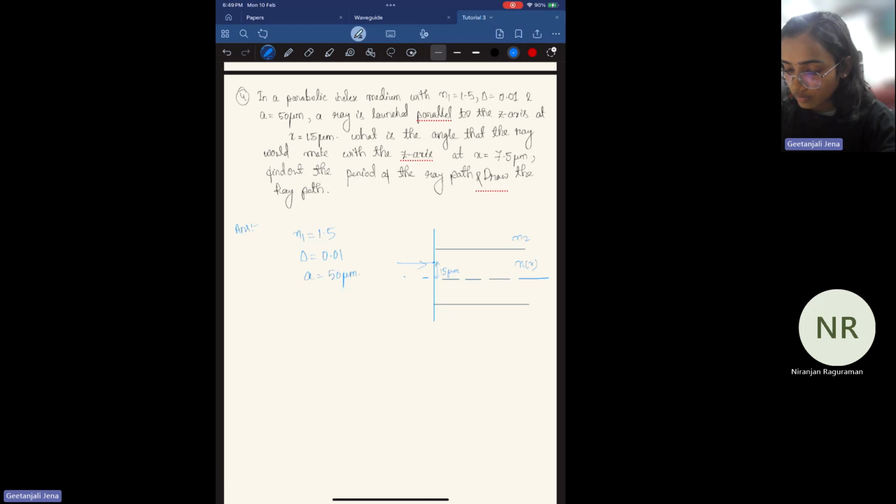If you recall, it is the beta tilde. Theta 0 is given as 0 degrees, right? So beta tilde will now become n(x) cos theta(x) at x equal to 15 micrometer. Cos theta is 1, so beta tilde would be n(x) at x equal to 15 micrometer.